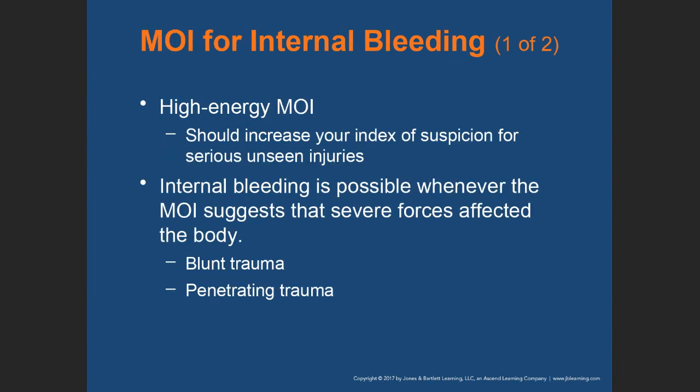MOI for internal bleeding: a high energy MOI should increase your index of suspicion for serious unseen injuries. Internal bleeding is possible whenever the MOI suggests that severe forces affected the body, and it can be blunt force trauma or penetrating trauma.